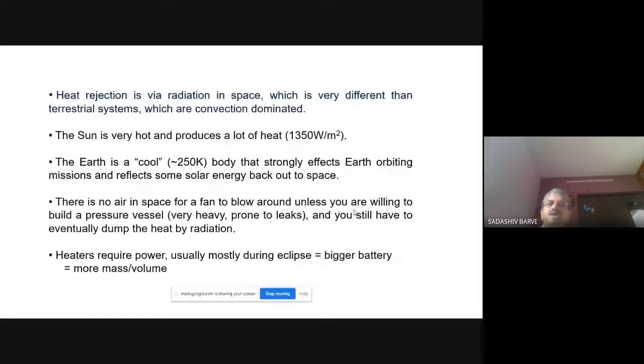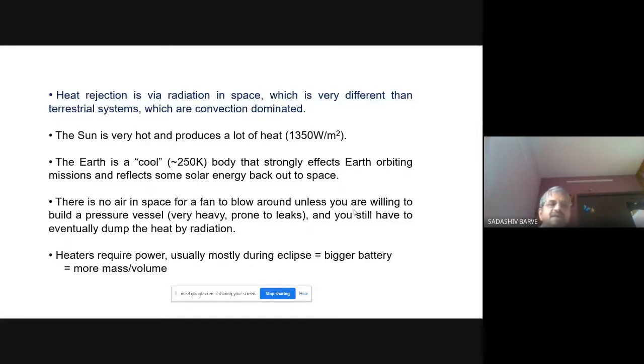So in deep space, when the satellite is launched at a predetermined altitude, say for example 300 kilometer, 500 kilometer or 800 kilometer, the parameters of conduction and radiation only come into the picture. Convection is absent there since there is no air, there is no medium there. So one should keep in mind that for deep space, the only two parameters that come into the picture are conduction and radiation.